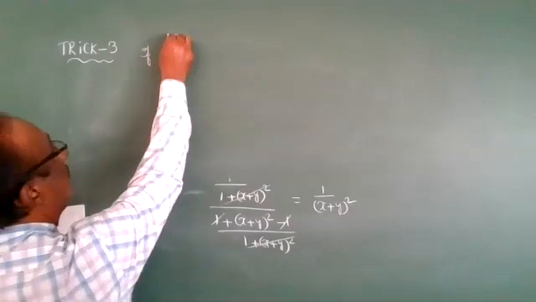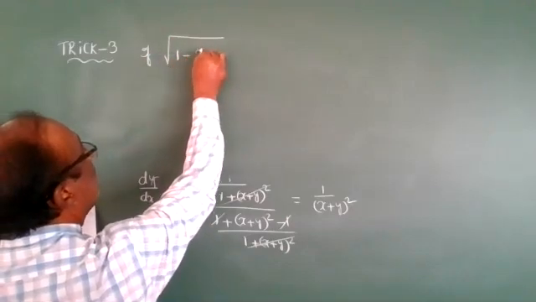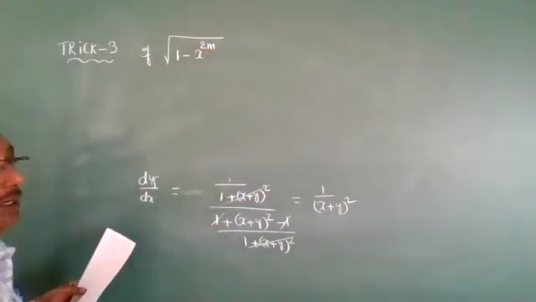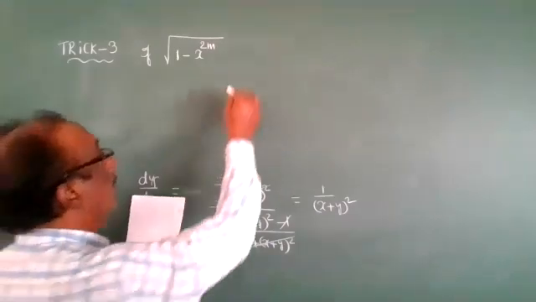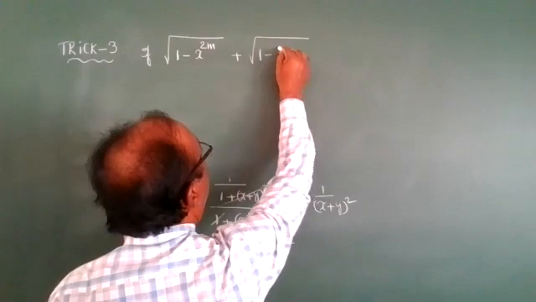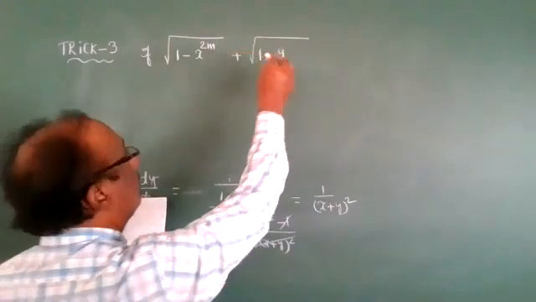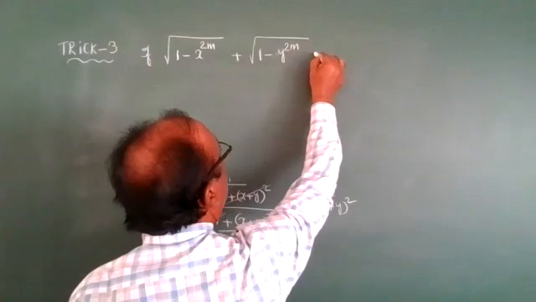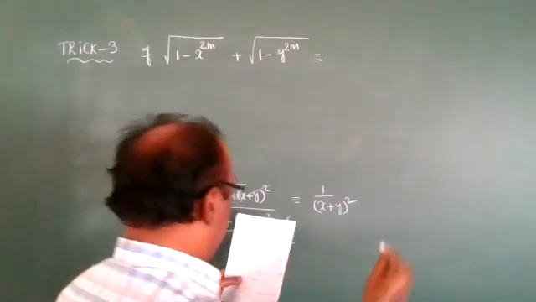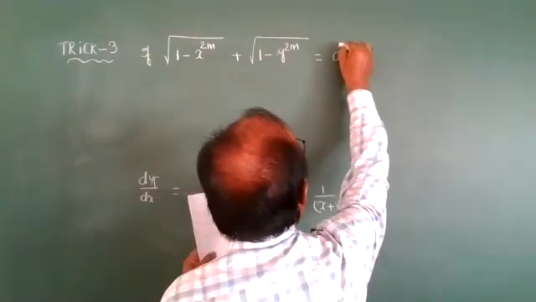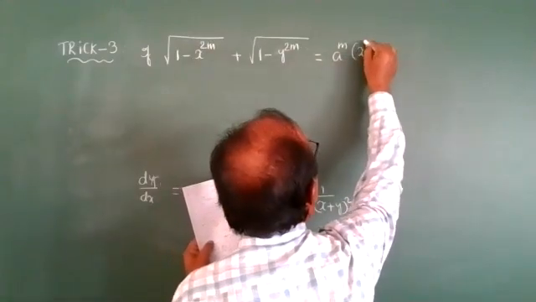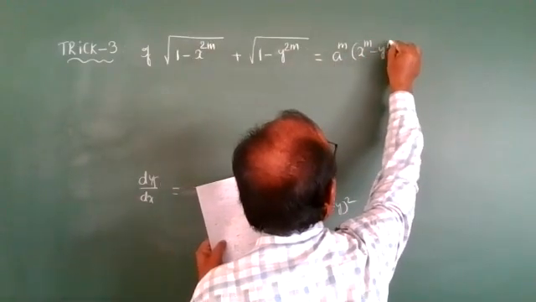The given problem is: if the square root of 1 minus x power 2m plus the square root of 1 minus y power 2m, the same power 2m, is equal to a power of m, half power. 2m power is the half, x power of m, half power, y power of m.